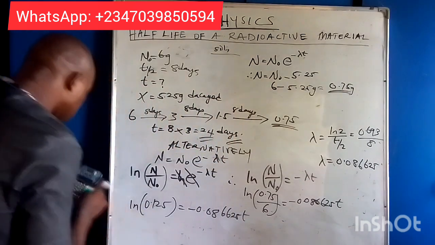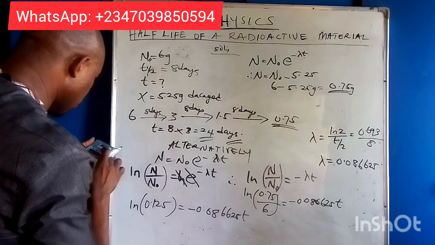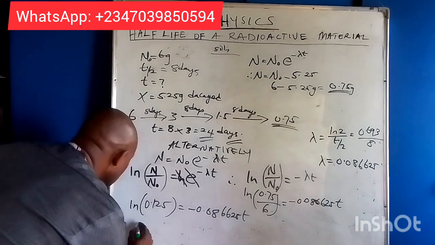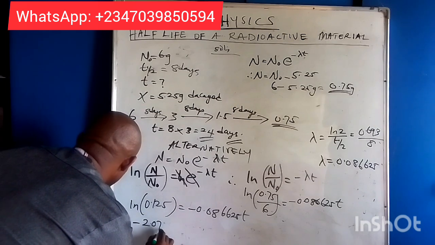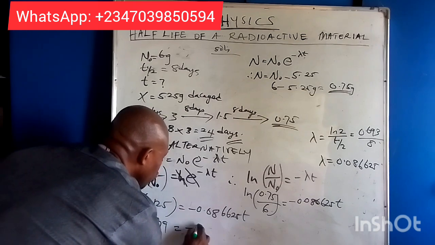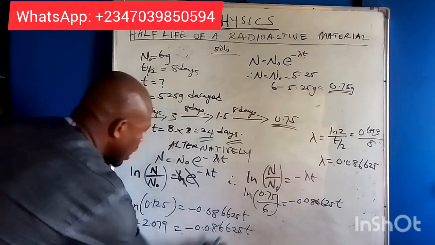Now, if we take the natural logarithm of 0.125, it will give us minus 2.079, which is equal to minus 0.086625t. Now, make t the subject.